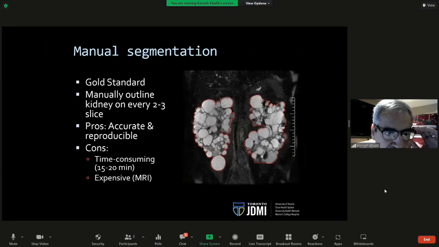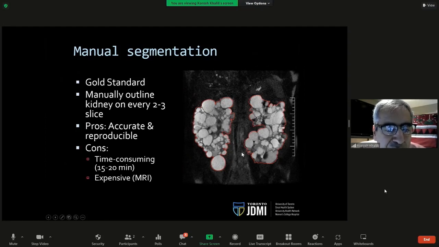So how do we measure the total kidney volume? The gold standard, the manual segmentation, is also very time consuming, and I can tell you that after doing a few of these, you might start getting pain in your hands and wrists or shoulders because you have to hold on to a mouse and go image by image or every other image and draw the outline of the kidney.